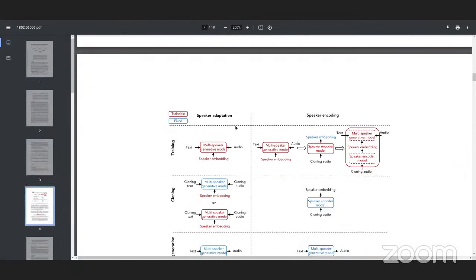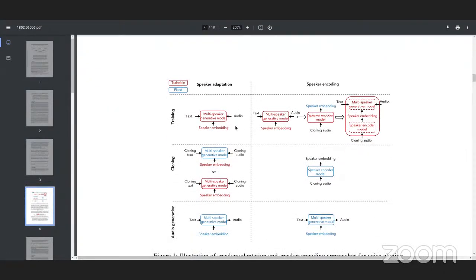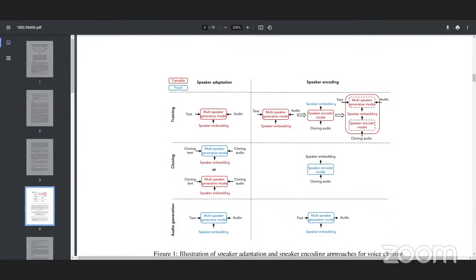This diagram explains these two different approaches. On the left hand side, we have speaker adaptation, in which there are two methods listed. The first one is basically that in the training phase, we have the text and the audio as input, and the speaker embeddings are learned by the model itself during training. And when we are tweaking it for new speakers, there are two ways to do it.